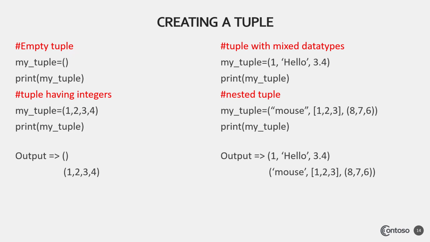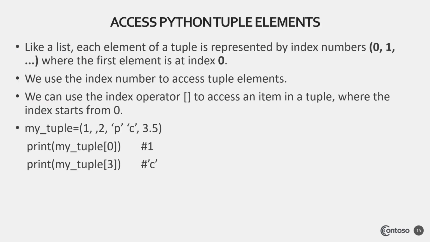Tuple with mixed data types: in my tuple 1, hello, 3.4, there are three data types: integer, string, and float. And we print it out, and the same tuple is printed in the output. Nested tuple: inside a tuple we can include another tuple, list, etc. We can print it accordingly.